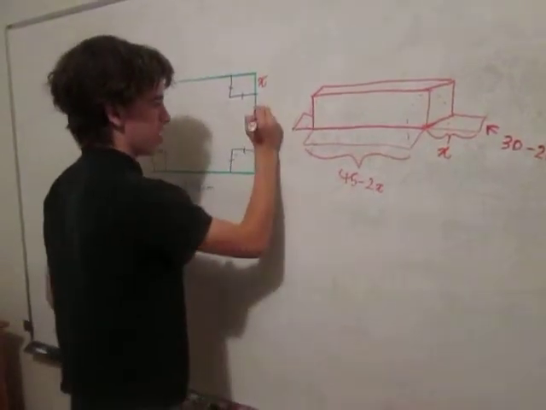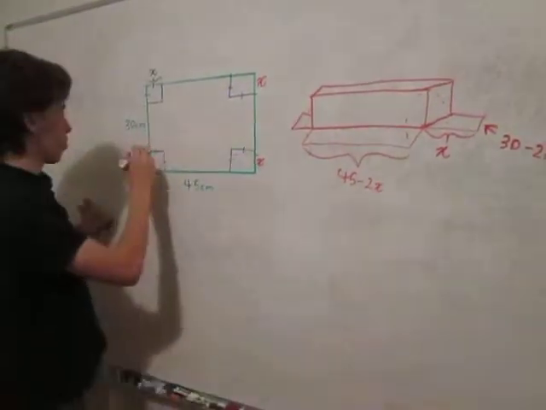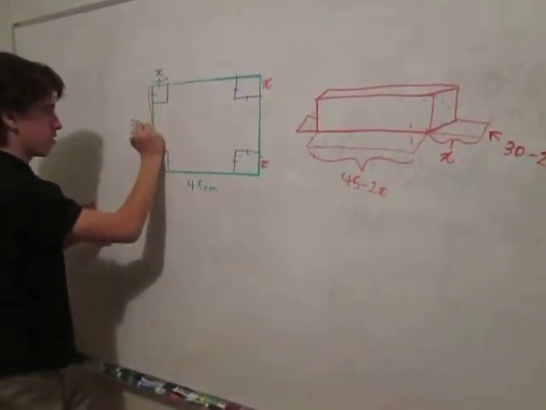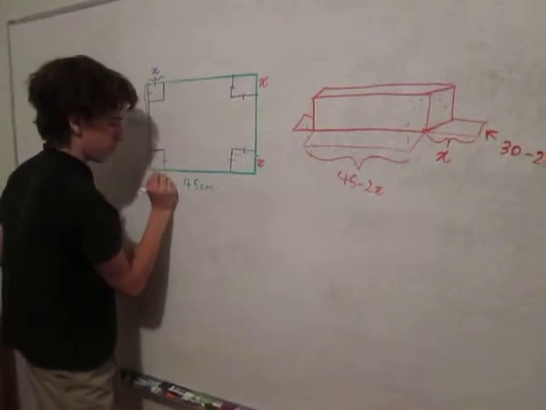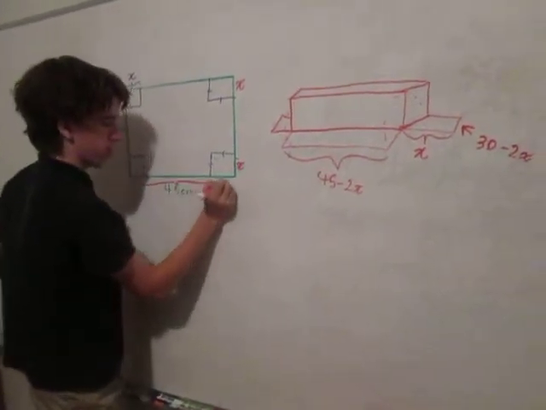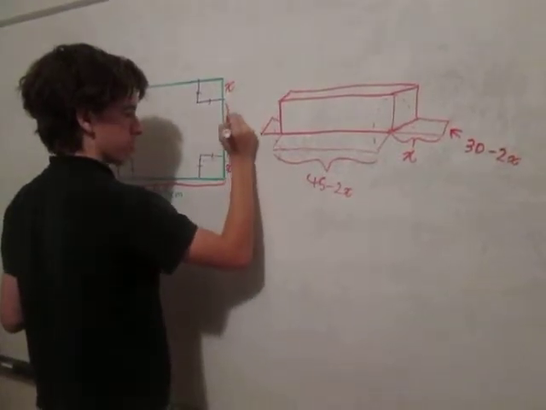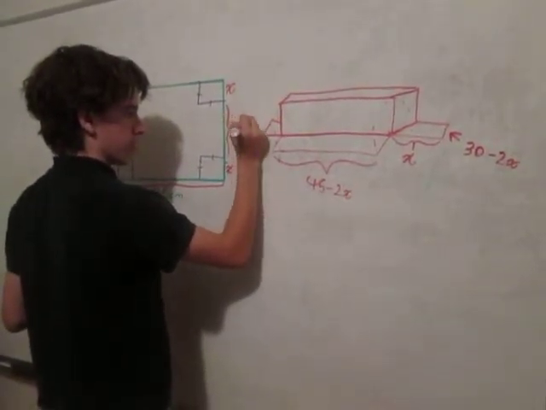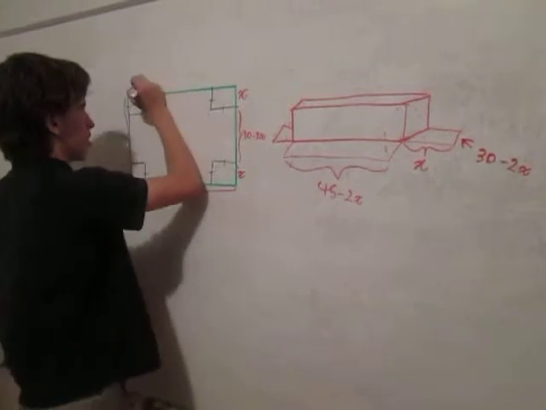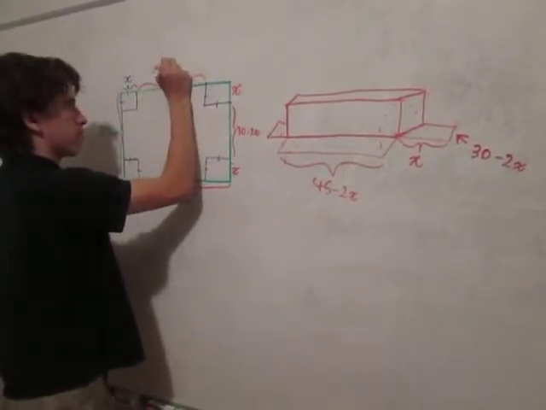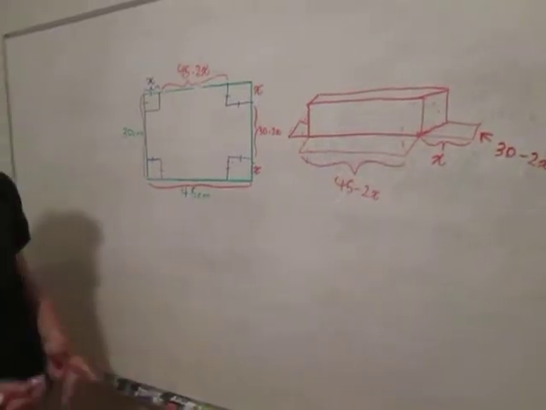And we're taking them away to find the total, which was this whole line here. Right? 45 represents the total length. So this area right here would be 30 minus 2x. And this one, 45 minus 2x. Right, so that makes a lot of sense.